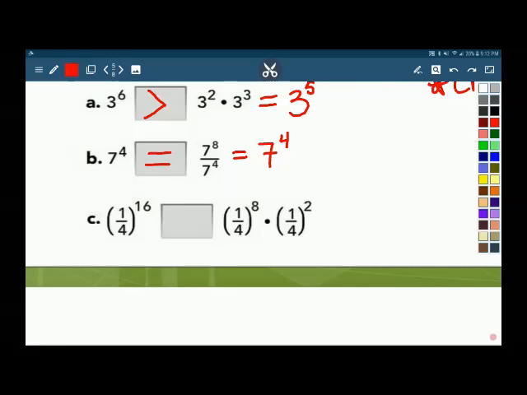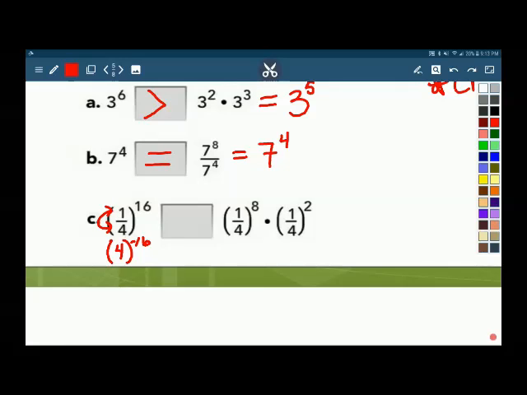If we use it on the left side, we can reciprocate, we can flip the top and the bottom of this fraction, making it 4 over 1, or just 4. And instead of raising it to the 16th power, we just have to make that 16th power negative. So this is 4, and I'll write parentheses around that so it's not confusing, 4 to the negative 16th power. That's our negative exponent rule.